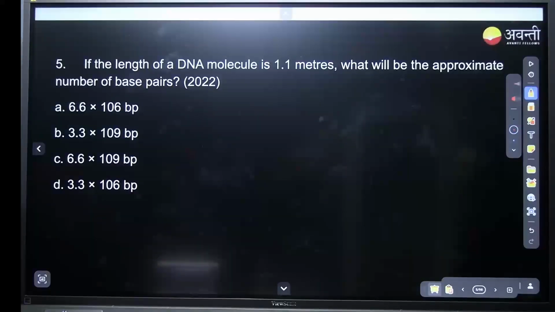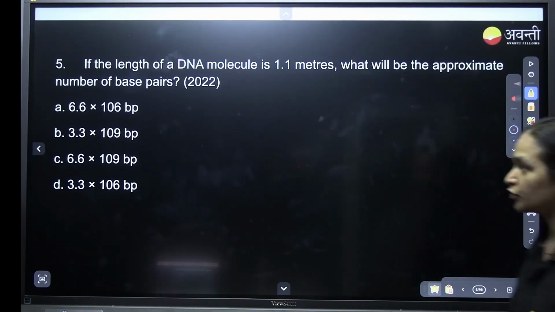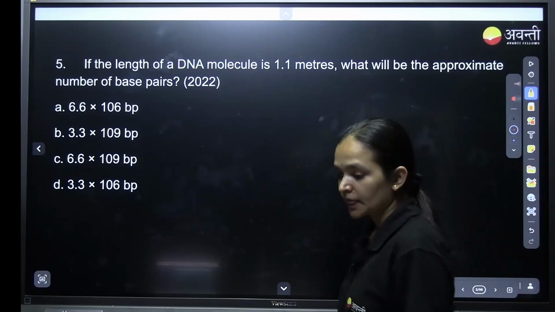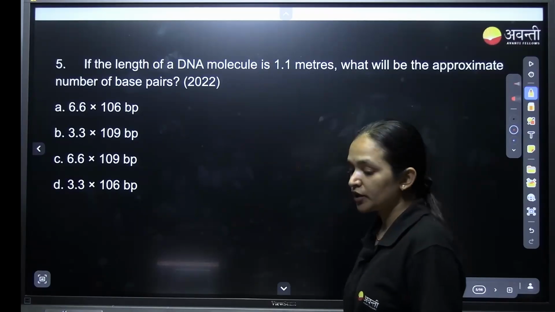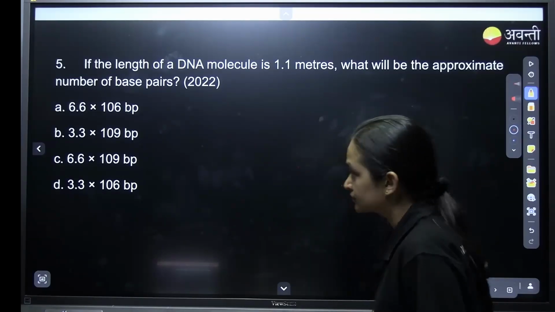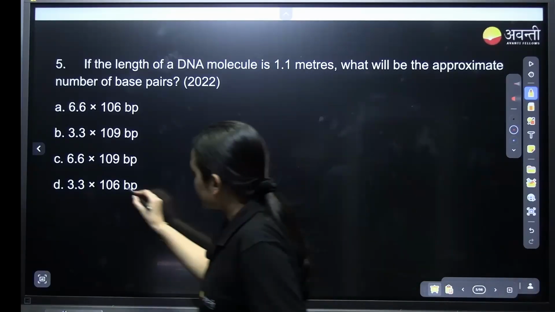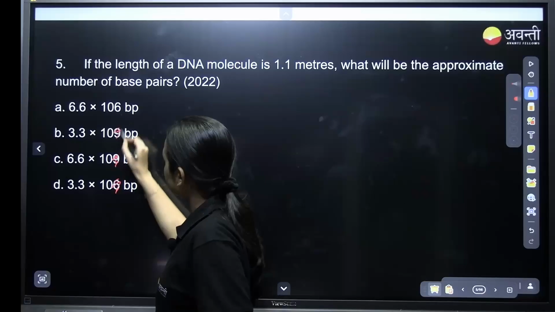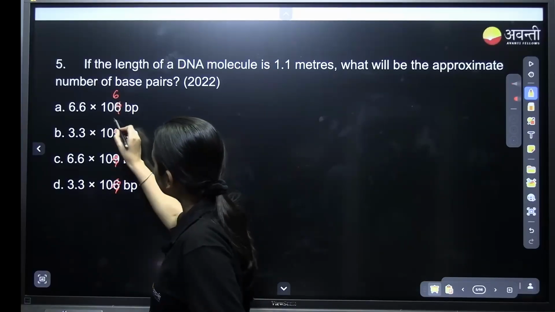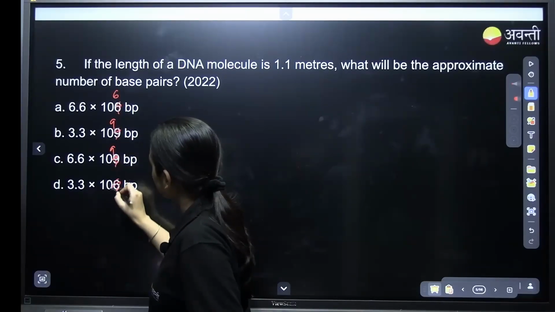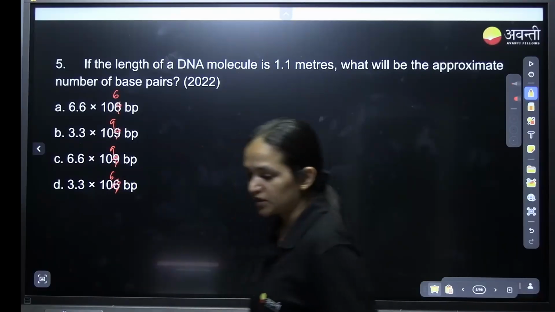If the length of DNA molecule is 1.1 meters, what will be the approximate number of base pairs? In a diploid content, it is 6.6. Okay, it should be power. A slight mistake.